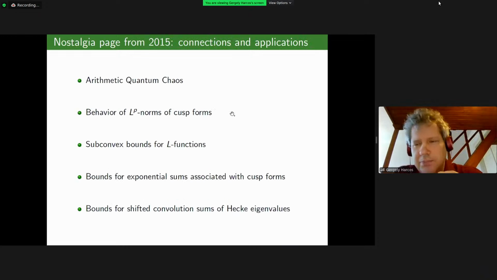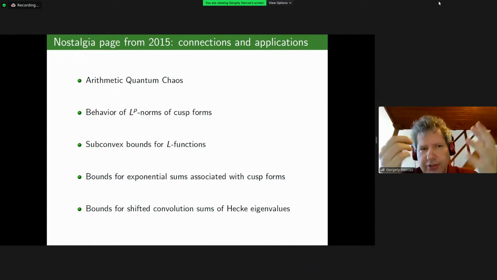In fact, I copied one page from my previous slides, a nostalgia page from 2015, which gives you some connections, applications and motivation for the sup-norm problem. So why are we interested? Why should we care?